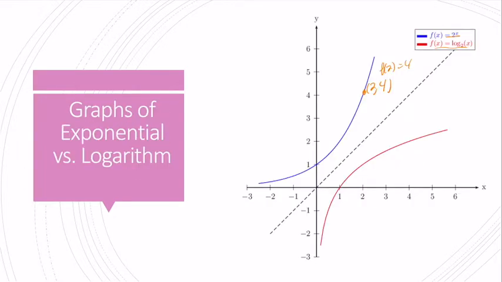For my logarithm, if I take f of 4, that's going to give me log base 2 of 4, which is 2. So I have the point when x is 4, y is 2. We know this is true. When I have inverses, my x and y values are switched.